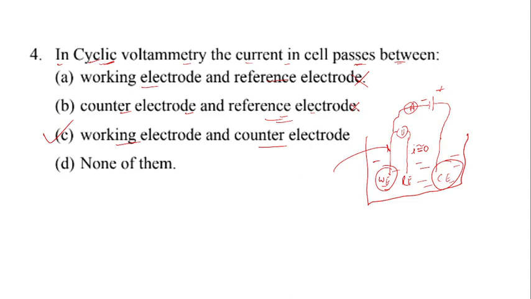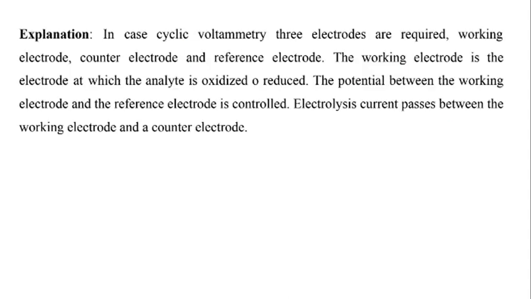Is this question clear? Any doubt up to this question? So this is explained again. In cyclic voltammetry, three electrodes are required: working electrode, counter electrode, and reference electrode.